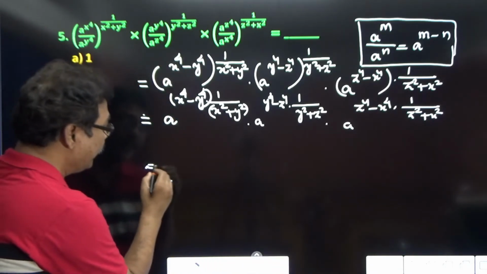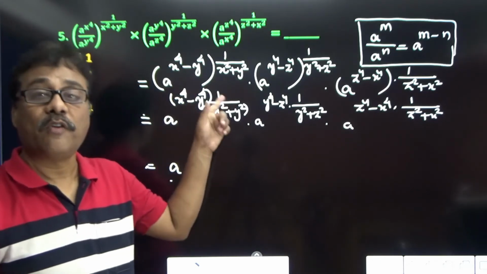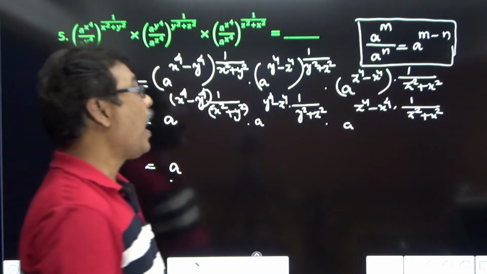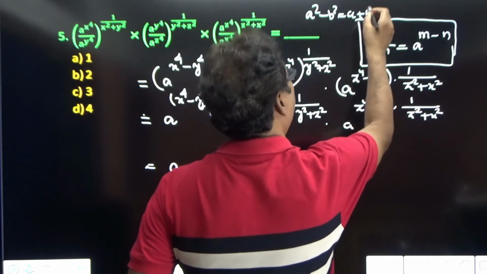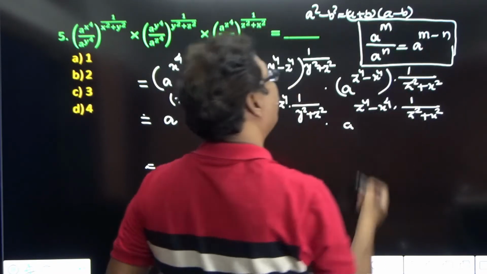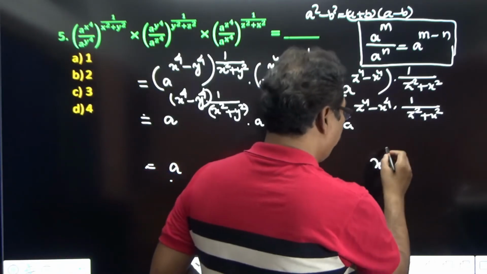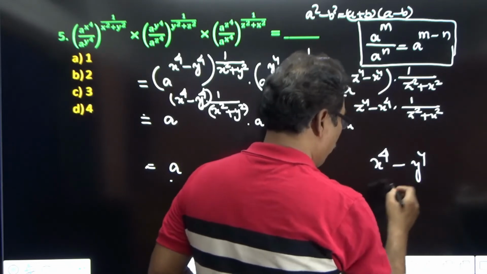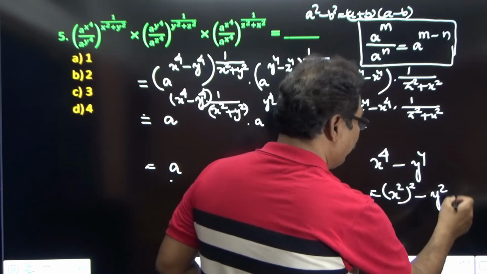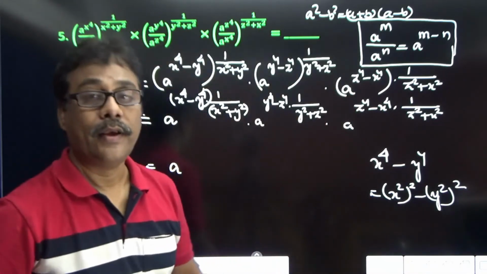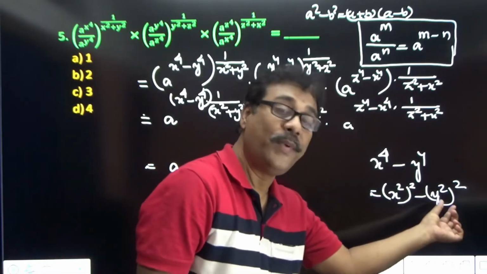See this, children, x to the power 4 minus y to the power 4. I can use the formula a square minus b square is equal to a plus b into a minus b here. So x to the power 4 minus y to the power 4 can be written as x square whole square minus y square whole square. Here this is a, this is b.